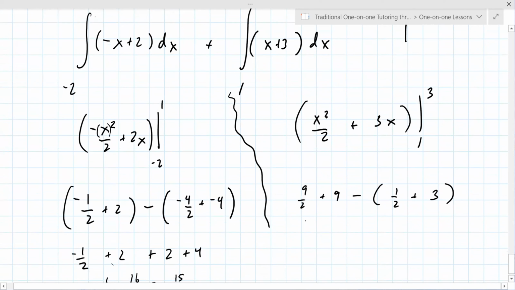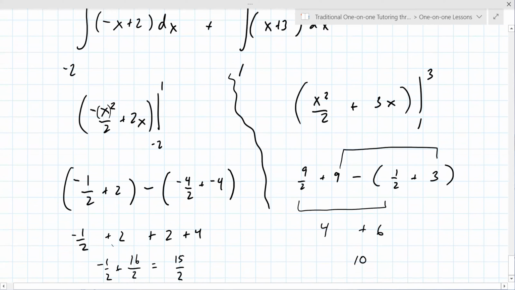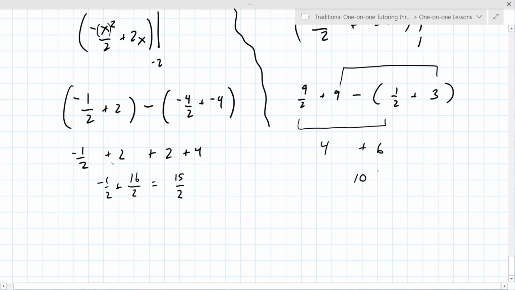So that's 9 halves plus 9 plus 1 half plus 3. Oh wait, it's minus. It's okay to take another step to write out the distribution of signs. It probably will help. That's 20 over 2. That makes 35 over 2.